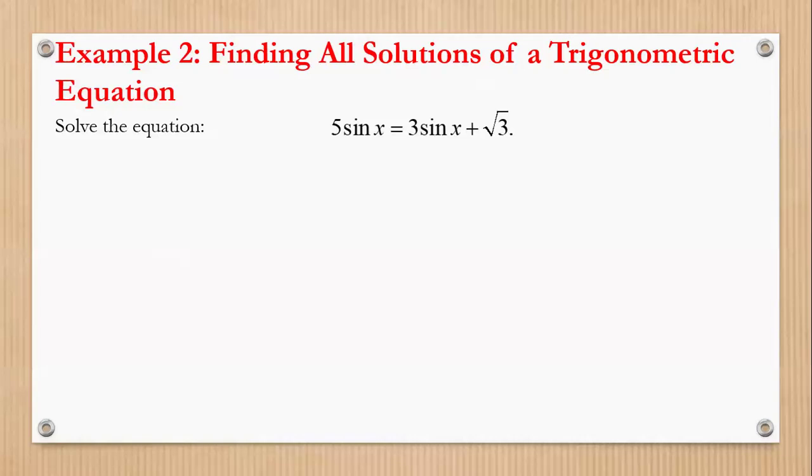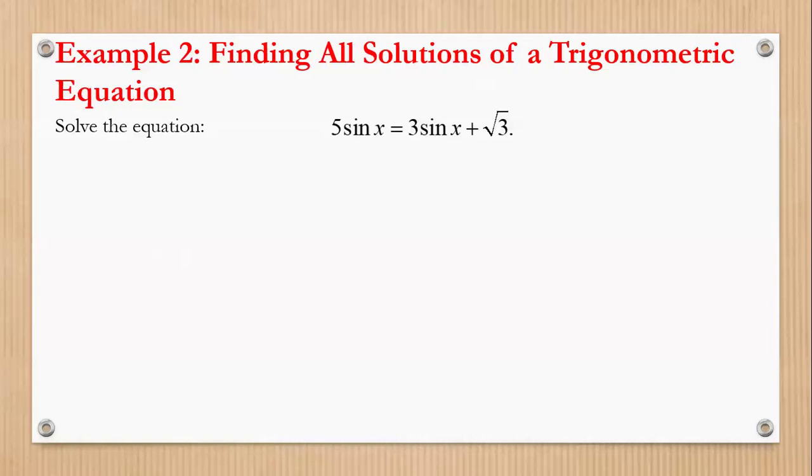Right now in this equation, I only have sine, so I don't have to worry about changing sine to cosine or cosine to sine. I only need to isolate the sine, because I need to know what number the sine is equal to, and based on that number I find x. So what do we do to isolate the sine?